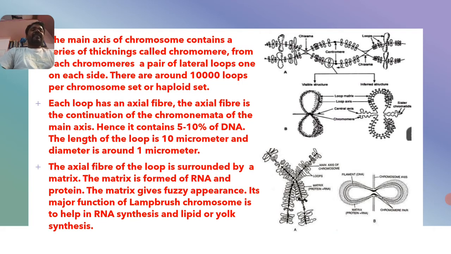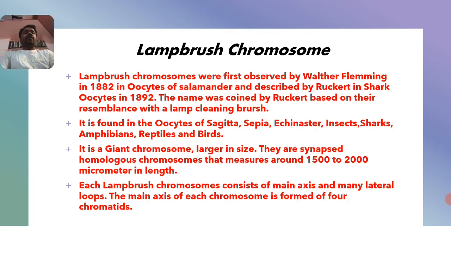At the peripheral region, on either side, are the loops. Of those loops, one originates from the paternal and another from the maternal chromosome, hence it is a homologous chromosome. It measures about 1500 to 2000 micrometers in length.